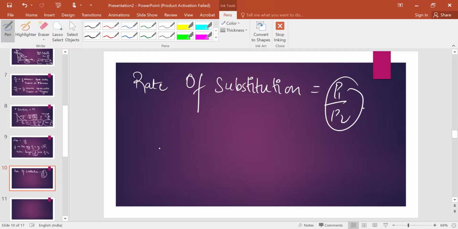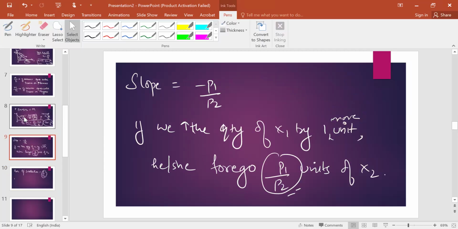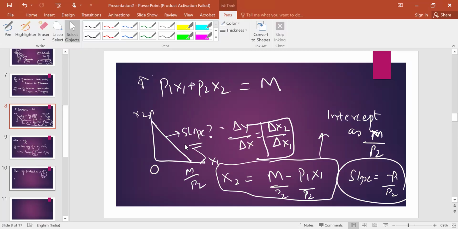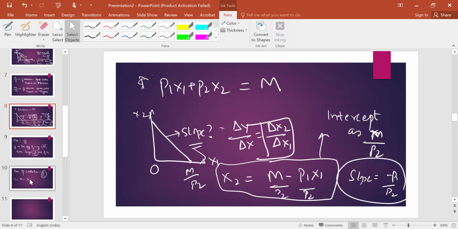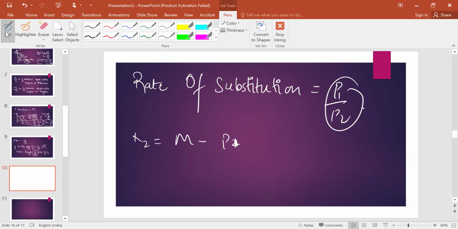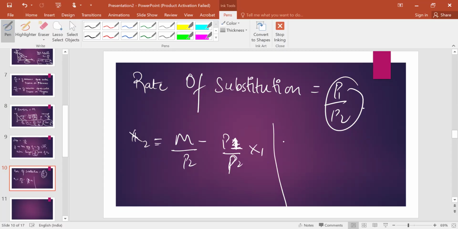Let's say this is the equation: x2 is equal to m by p2 minus p1 by p2 times x1.